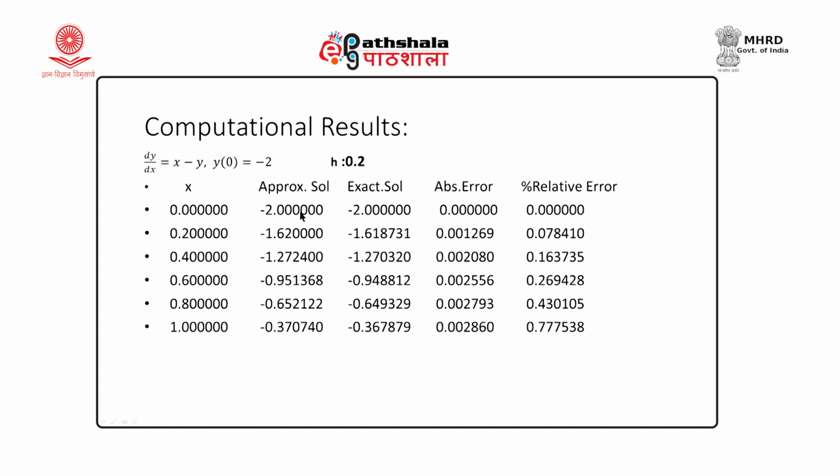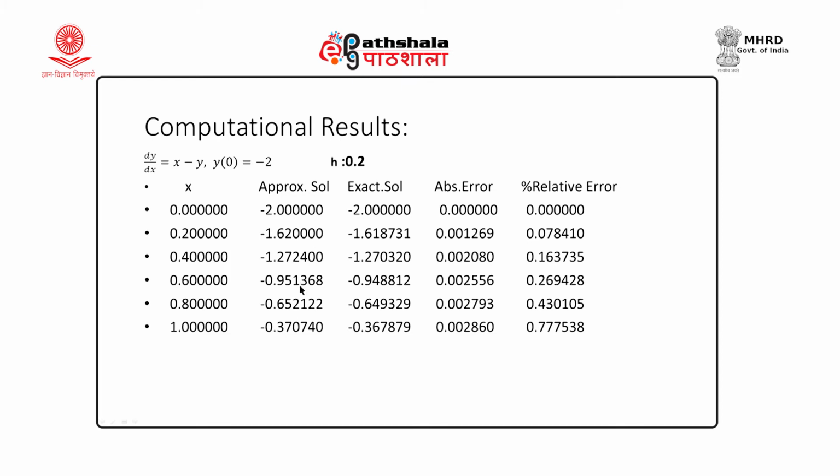The approximate solution using Taylor series of order 2 we get as, for 0.2, minus 1.62, 0.4, minus 1.2724, 0.6, minus 0.951368 and so on. Finally, at 1 we get the value minus 0.370740, and you can compare these approximate values with the exact values. These approximate solutions are much better than what we got from the Euler formula.